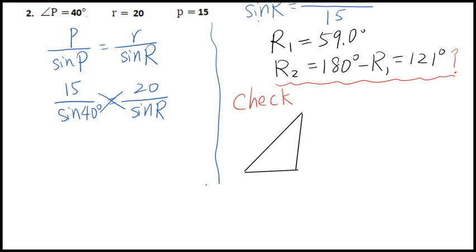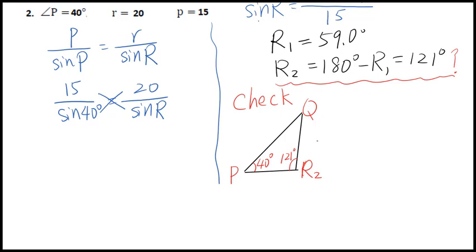Then you will label, here is the given angle P. This is R. Let's label as R2. This will be Q. This angle given is 40 degrees. R2 is 121 degrees.